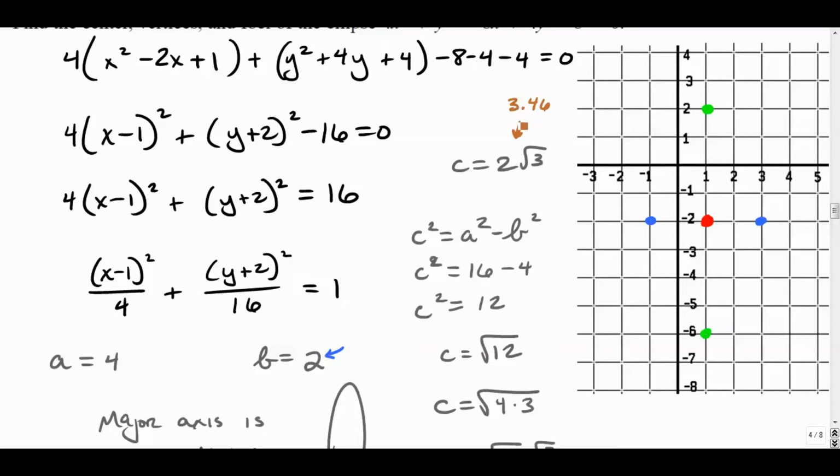The foci are always on the major axis, so we're going to go 3.5 units up from the red and down from the red. So 1, 2, 3 and a half, 1, 2, 3 and a half. Those are our foci in brown, and of course we're going to want to connect all these vertices together.